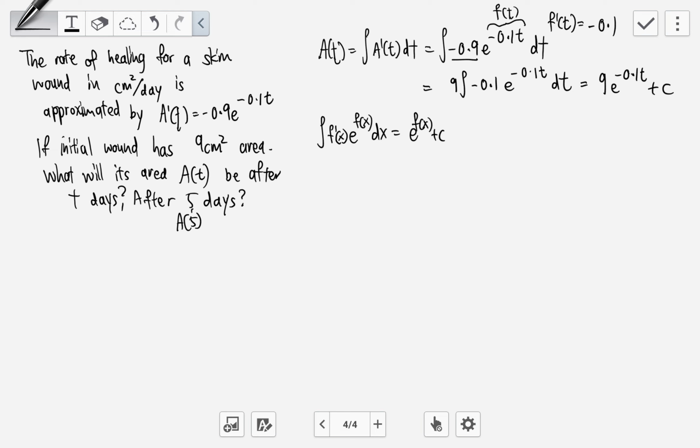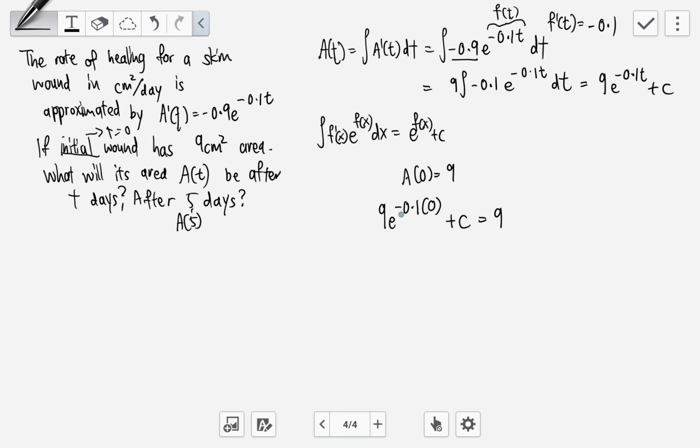If they say initial, that means time equals 0, so my A(0) equals 9. That's what they are trying to say. So A(0) equals 9, therefore 9 e to the power of minus 0.1 times 0 plus c equals 9.